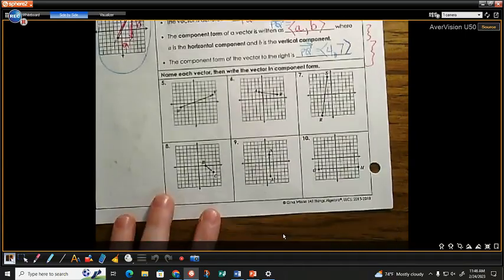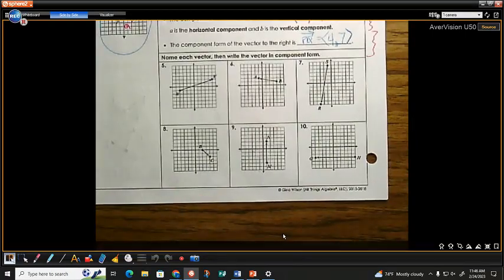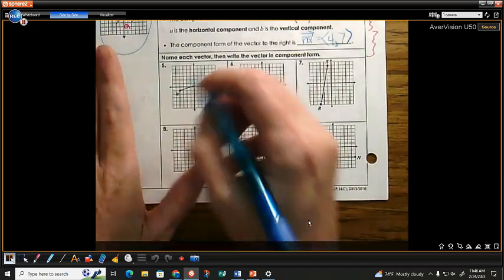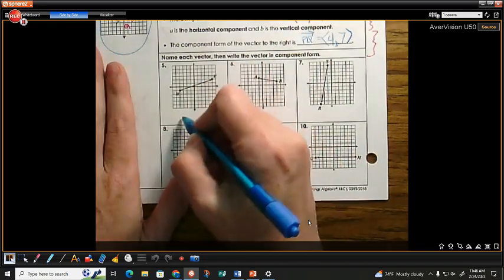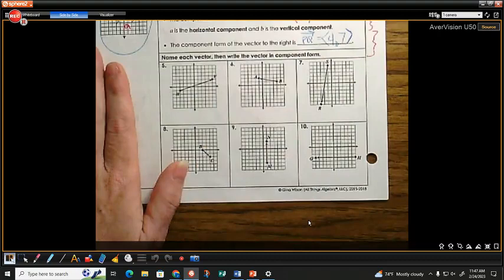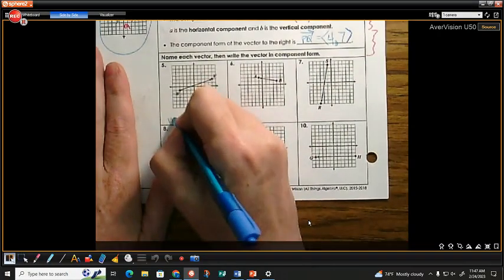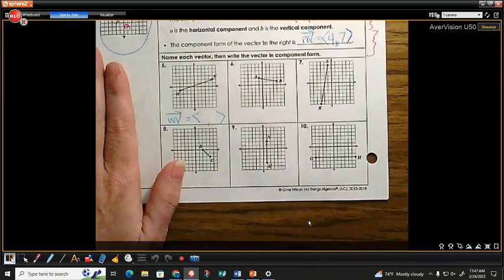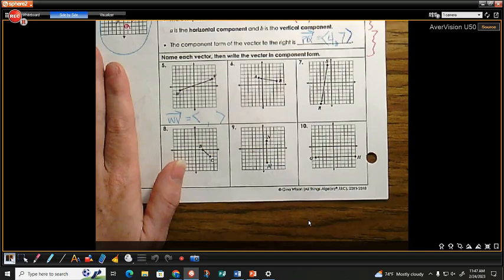Okay? So here's where you guys are going to get to earn candy. I want everyone to write down the vectors and their component forms for these vectors. So here, what's my vector here? It's WV, so you write WV, and then what's its component notation? How far to the side is it going?